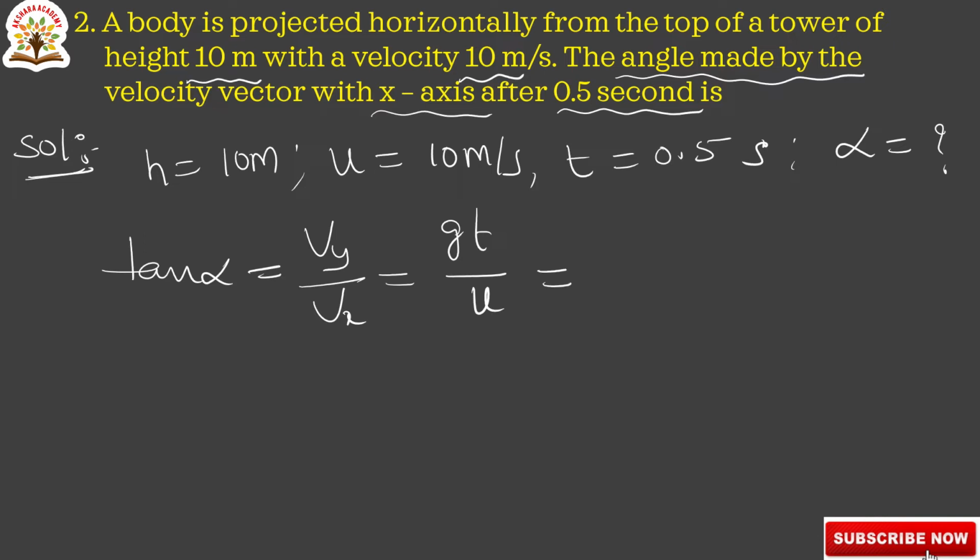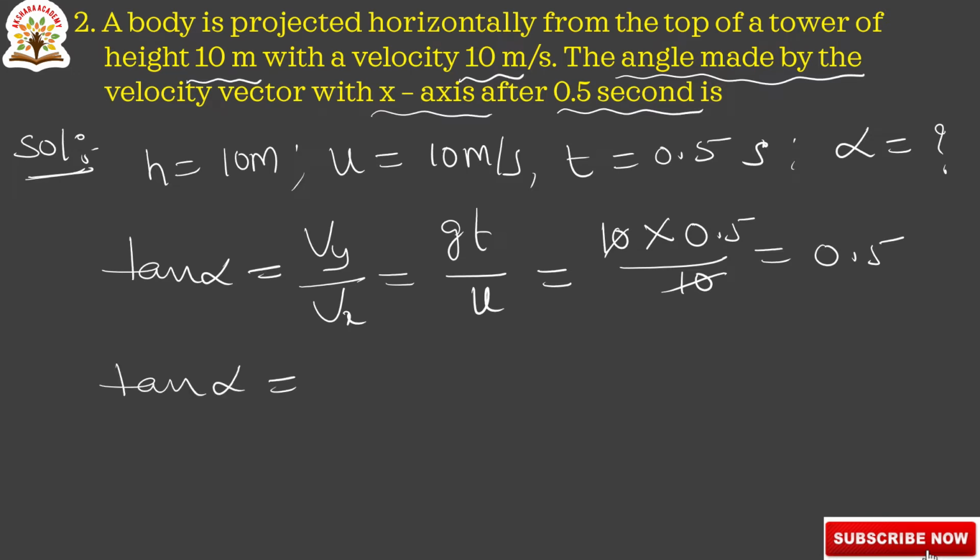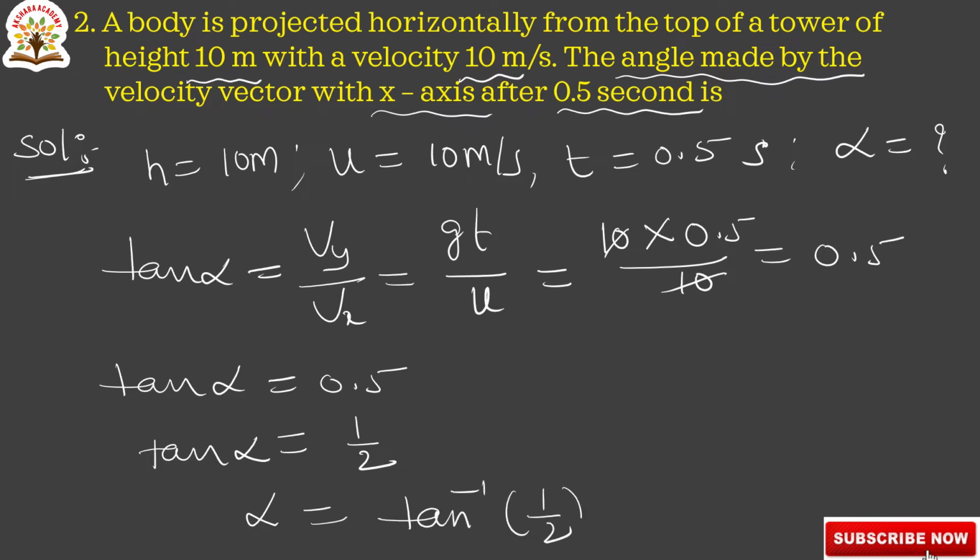Substituting the values, g is 10 and t is 0.5, divided by 10. Here 10 will cancel. So tan alpha is equal to 0.5, that is 1 by 2. So alpha is equal to tan inverse of 1 by 2. This is the angle made by the velocity vector with x-axis after 0.5 seconds.